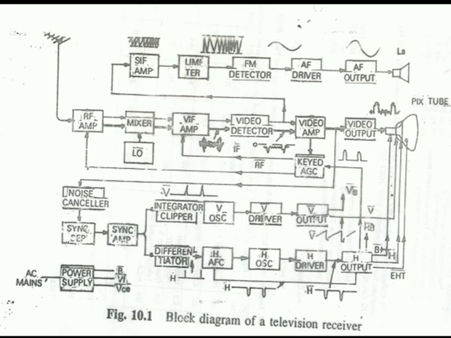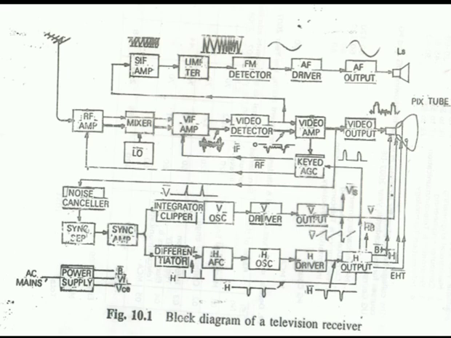The SAW filter is used in place of wave trap circuits. It passes only the required frequency and grounds unwanted adjacent channel frequencies. That's why the filter is used for filtering different frequencies and using only the desired frequency.